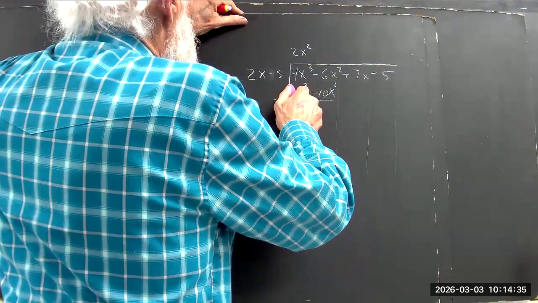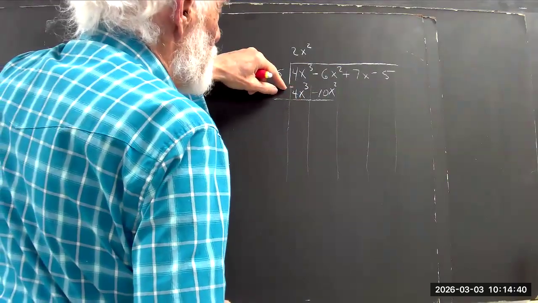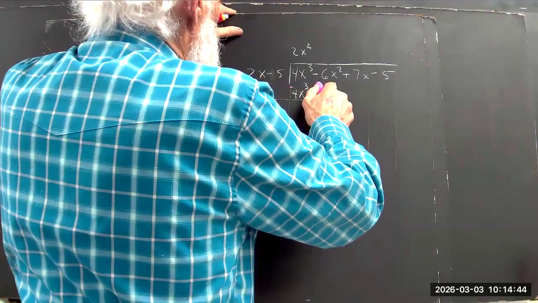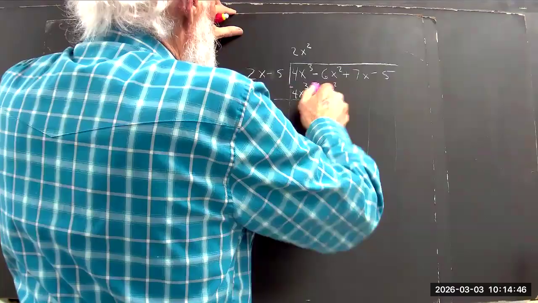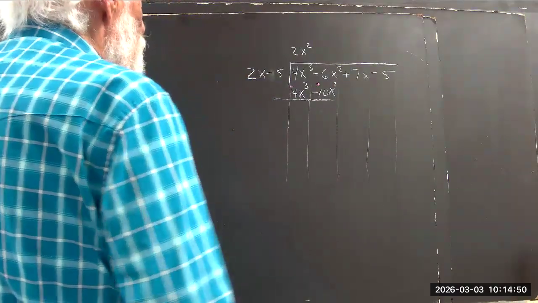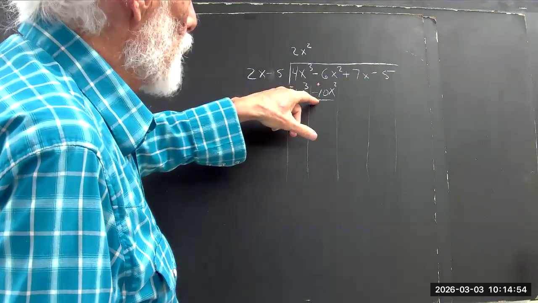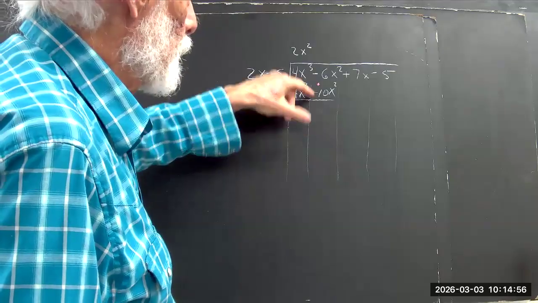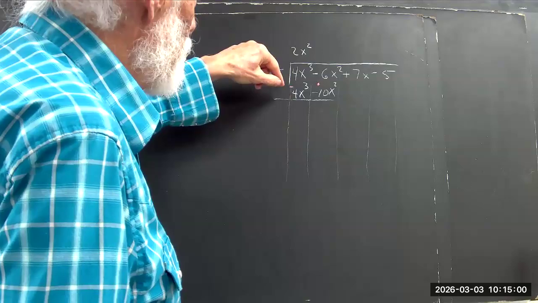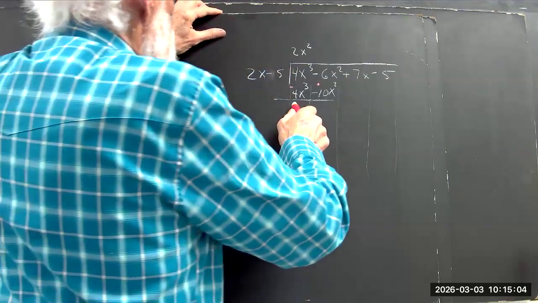I'm going to put a little minus sign kind of to the left and a little above the 4x cubed, and a little plus sign kind of to the left and above the negative 10x squared, just to remind myself that I'm subtracting. In the case of the negative 10x squared, I'm subtracting a negative, so I'm going to add 10x squared. And I'm going to be subtracting a 4x cubed from 4x cubed.